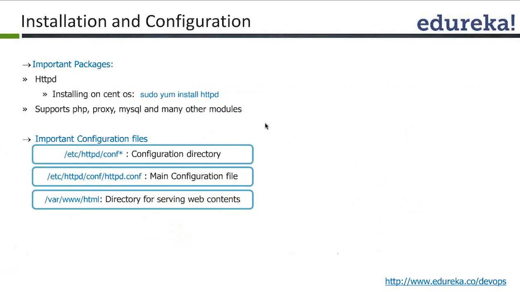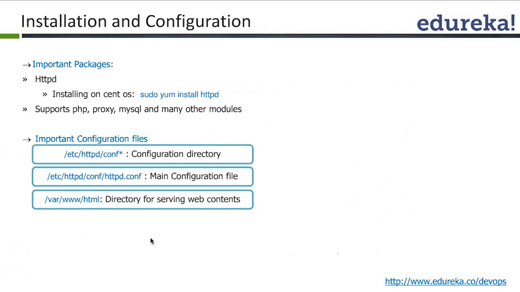Now, the configuration of Apache is a very simple thing. You have to install your web server. If it's CentOS, it's going to be an httpd installation. Then it just has a single configuration file, which is called httpd.conf, and a directory where all your objects are kept.